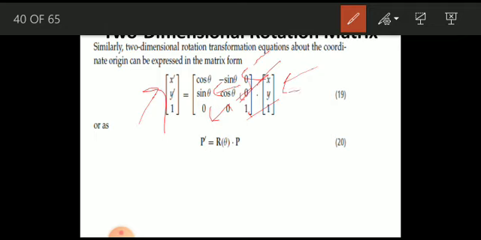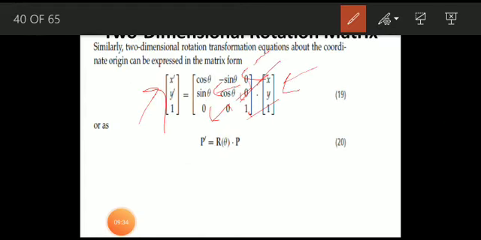So basically it means P dash is equal to R, which is defined with the parameter theta, into P, or the product P. So I hope you are all well aware of what is P dash, what is R, and what is P by now. So I don't want to repeat them.